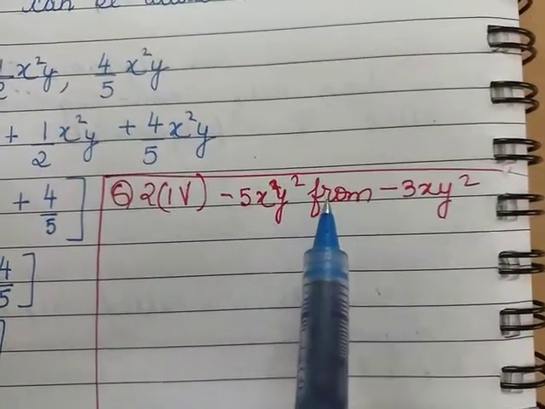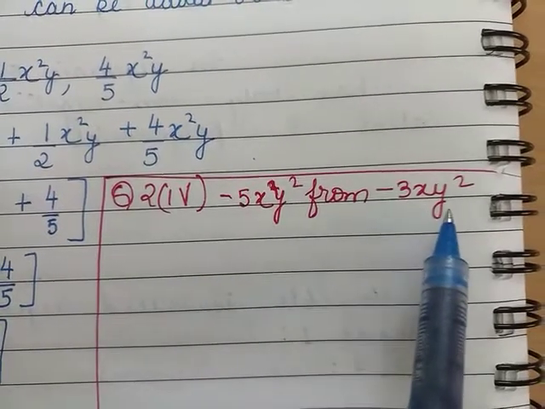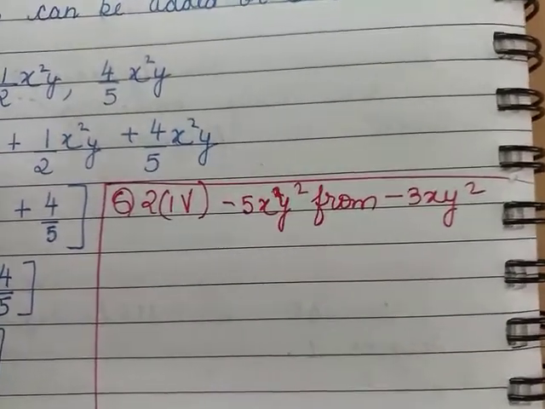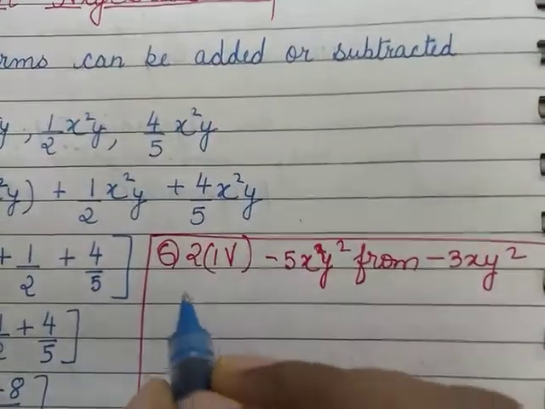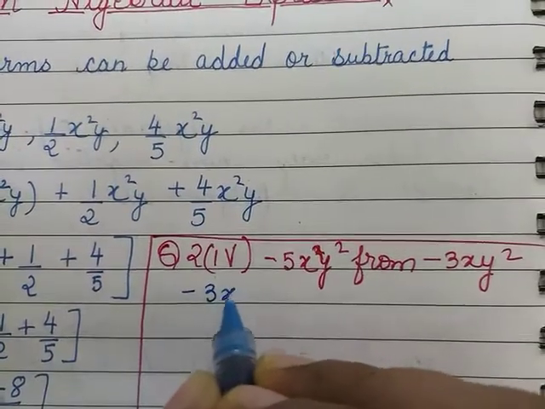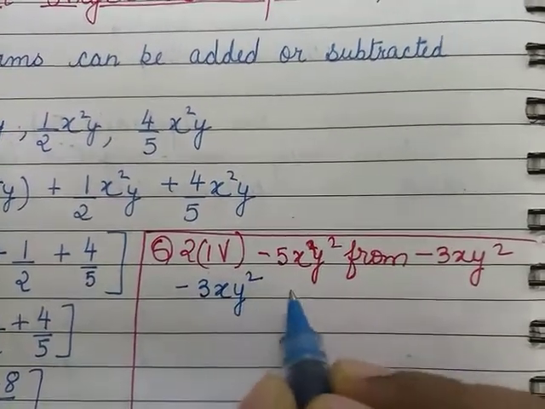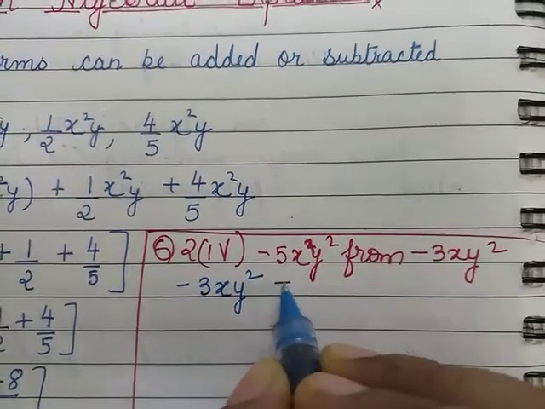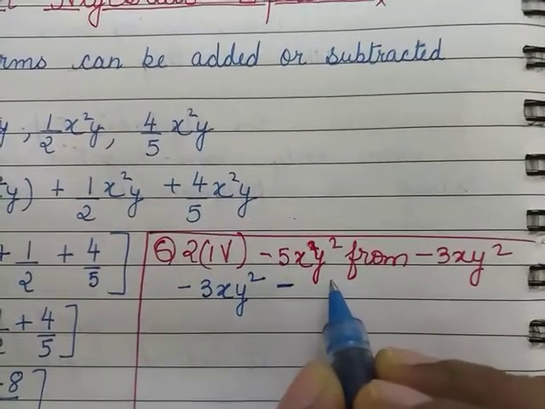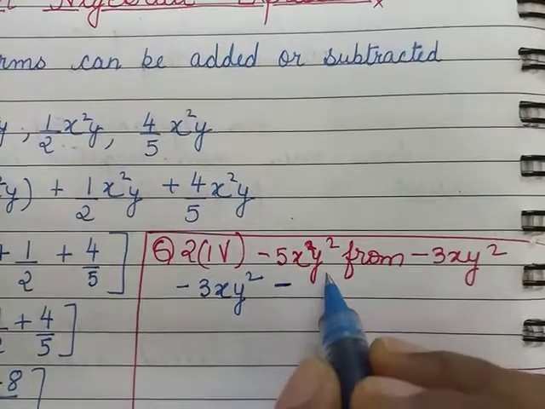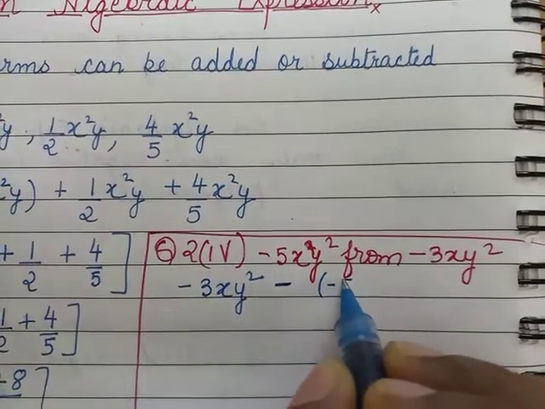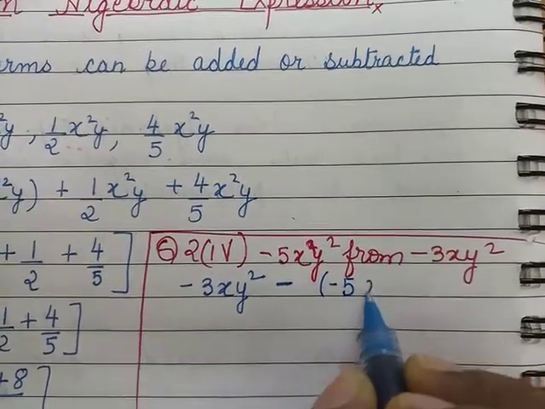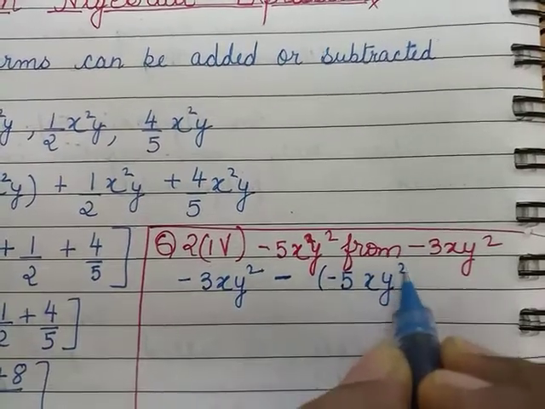So after from we have minus 3xy square. So we write minus 3x square y firstly. Then we put the sign of subtraction. And what we are going to subtract, it is minus 5. So we keep this negative one in the bracket, 5xy square.